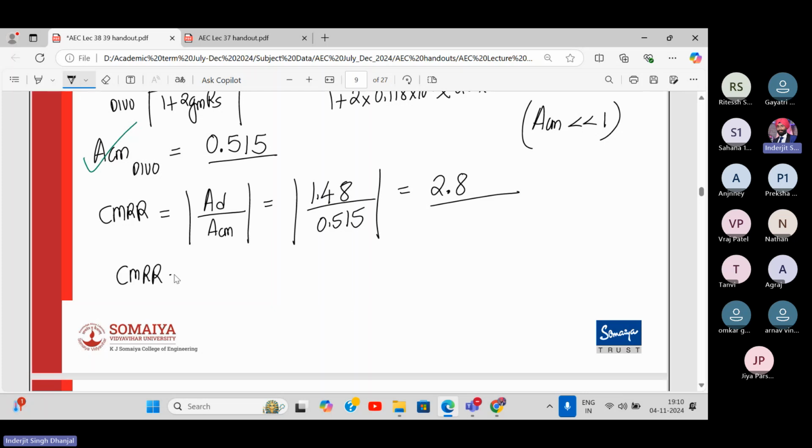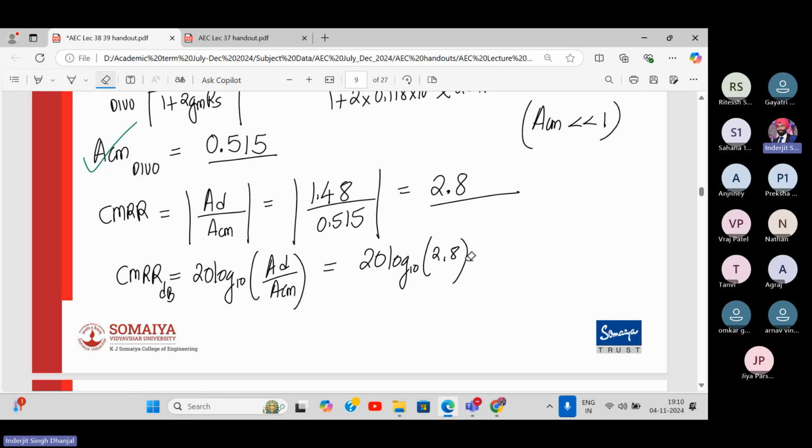Lastly, CMRR in dB will be 20 log to the base 10 of AD upon ACM. So what you need to do is 20 log to the base 10 of 2.8, what? Is there any digits ahead? 2.873.